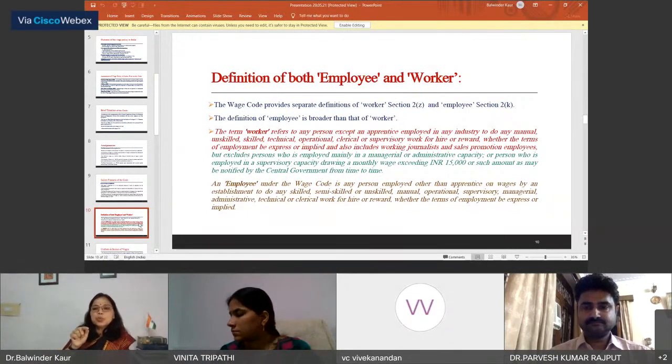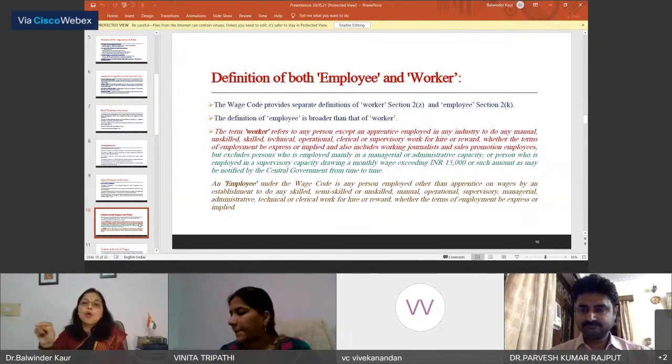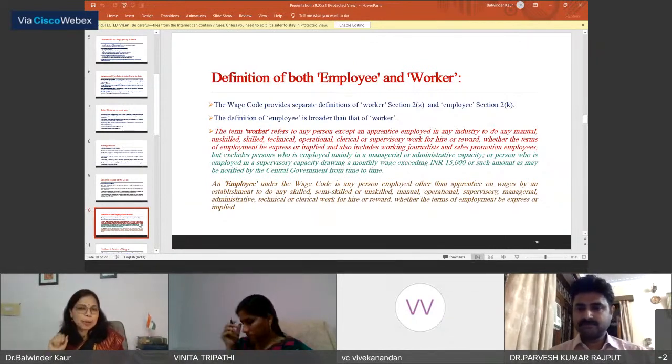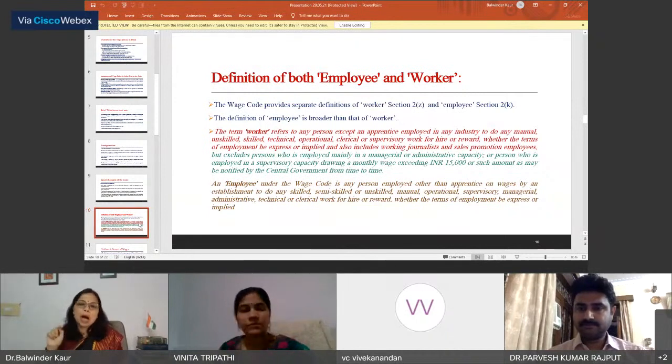So in the context of minimum wages, this definition is very important, because when we go through the chapter on minimum wages, the employee cannot ask for a minimum wage. It is the worker who will ask for the minimum wage. So under the definition of worker, they have excluded the persons who are managers, who are involved in administrative capacity, and who are doing supervisory work and drawing 15,000 rupees.